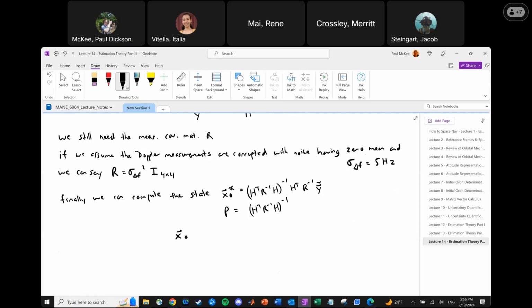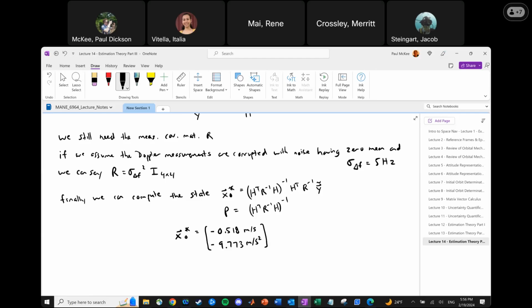X naught star is equal to negative 0.518 meters per second and negative 9.773 meters per second squared.